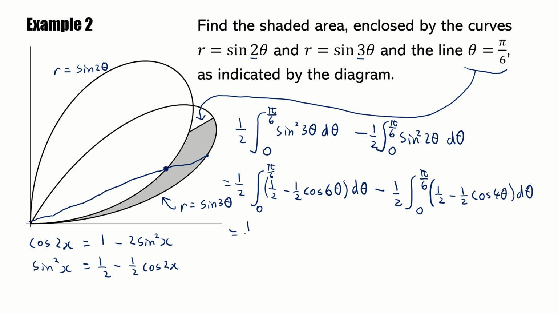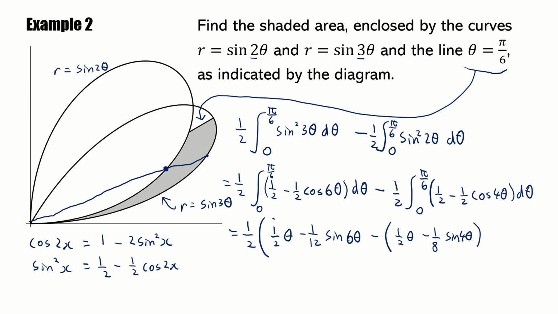I'm going to factorize the half out the front, and therefore that will leave me with half theta minus 1/12 sine 6 theta, minus, 1/2 theta minus 1/8 sine 4 theta.